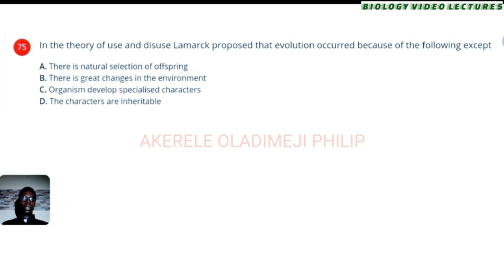He did not say natural selection, that was Charles Darwin's theory. So I think the answer is A, while the other ones are a subset or explanation of him talking about use and disuse. All right.